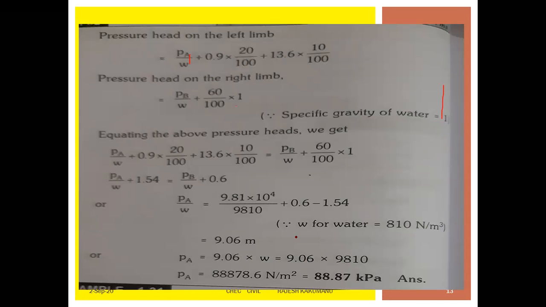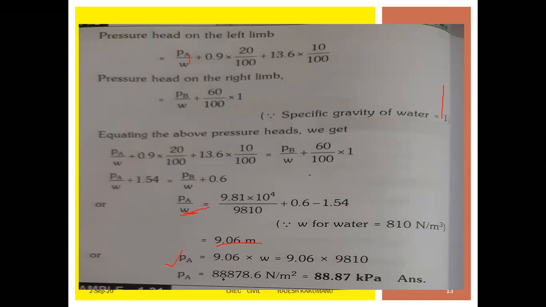Now the weight of water is already known, 9810 Newton per meter cube. Then after substituting these values you are getting 9.06 meters for PA by W. Now PA is equal to 9.06 into the specific weight of the liquid, that is W, 9810.